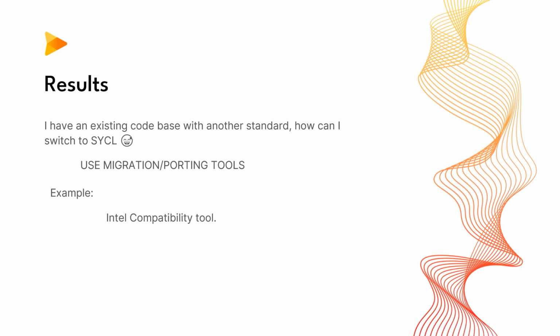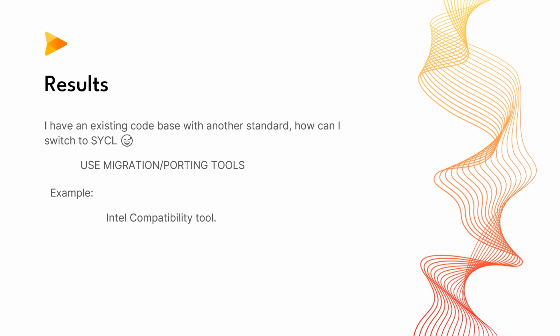But we found that yes, it does it automatically, but the intervention of the developer is mandatory just to check some parameters and values of some variables. Also, this migration tool works just with CUDA. So if a research lab uses other standards like OpenCL or Kokkos, they have to rewrite their code base manually.